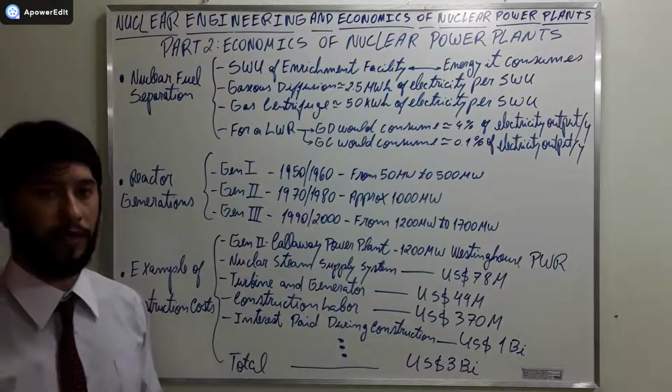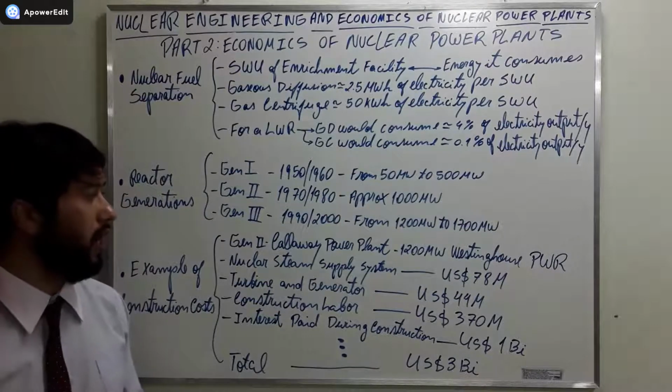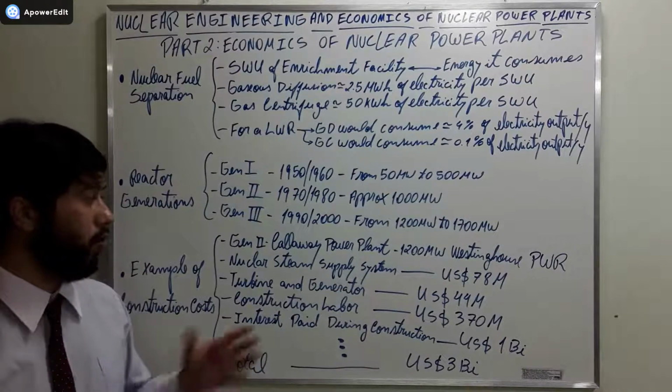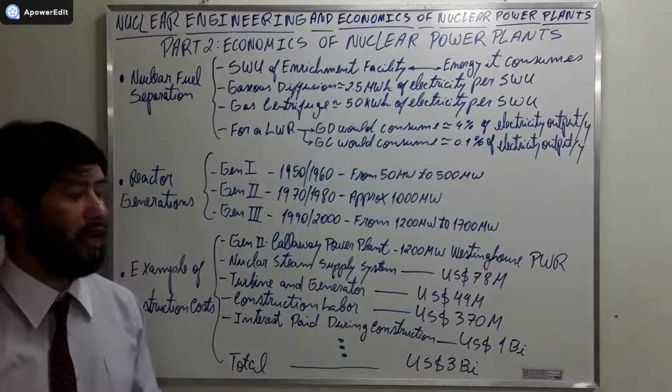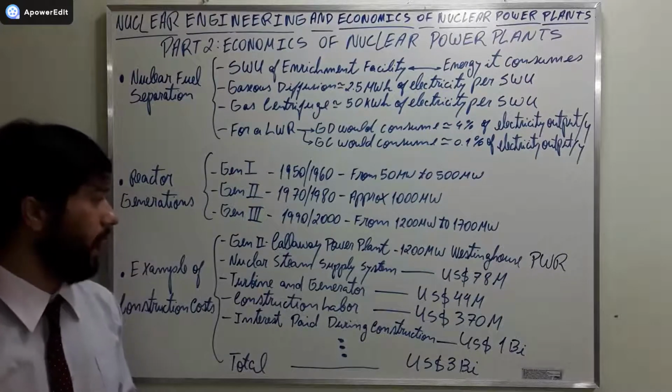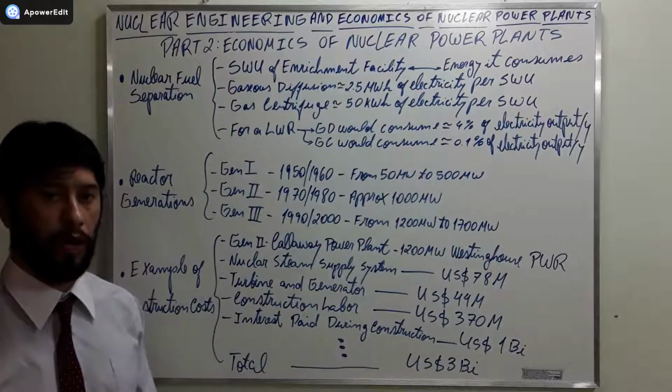Generation 3 reactors are reactors built in the 1990s and 2000s, and their installed capacity range from 1,200 megawatts to 1,700 megawatts. Now let's take a look at an example of construction costs.